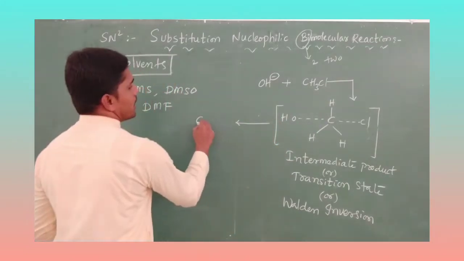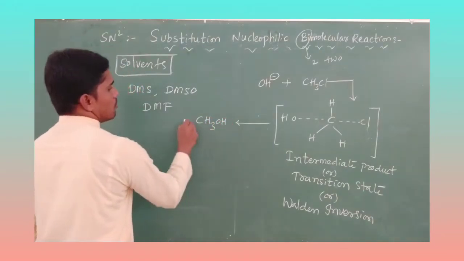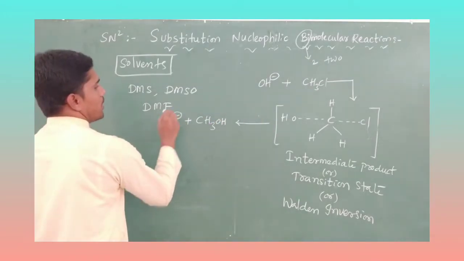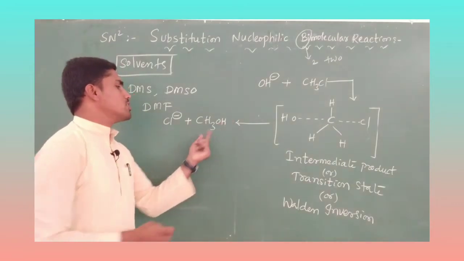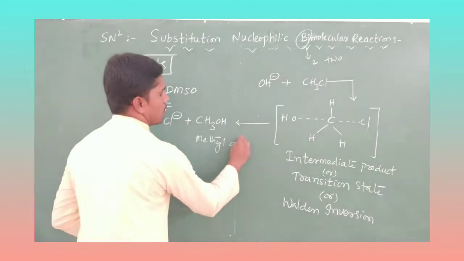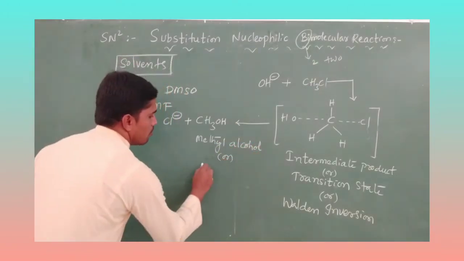Finally, we are getting CH3OH plus Cl minus. So this is CH3OH. It means we are getting methyl alcohol, or we can call it methanol.